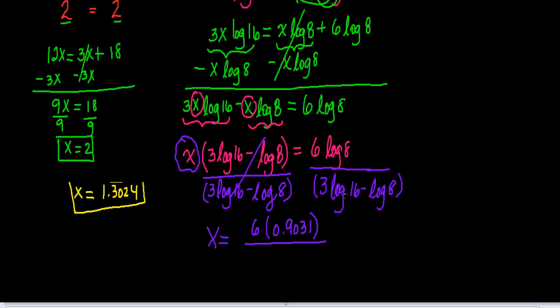And in the denominator, I look for log of 16 and I multiply times 3. So 3 times log of 16, which is 1.2041. Okay? And that minus log of 8, which is 0.9031.